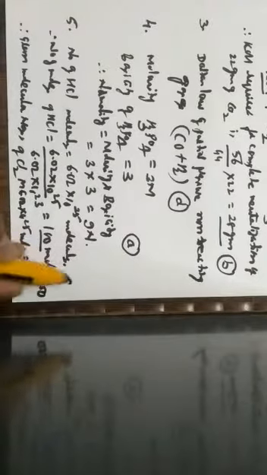So it will automatically be how much? 100 by 2 is 50, which is given by option C.